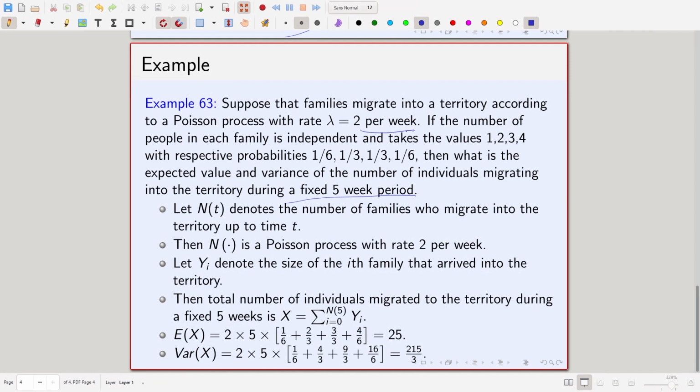Now, let us see how we can solve this using compound Poisson processes. Let N_t denote the number of families who migrate into the territory up to time t. Before starting, remember that the number of people in each family is independent, and this number is also independent of the arrival process.